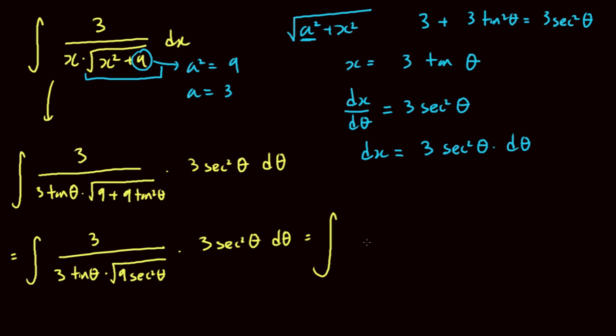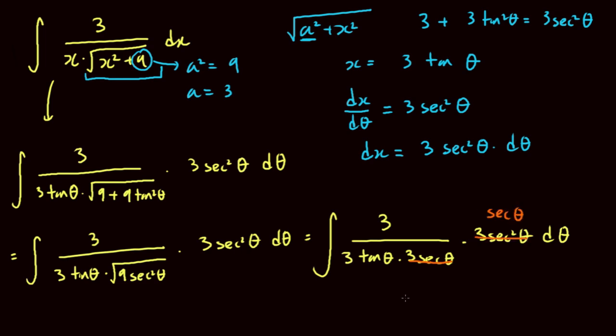And as you further solve it, you get 3 over 3 tan theta times 3 sec theta, times 3 sec squared theta d theta. Because you square root, you obviously get the square, right? So here you can notice, if you were to take it out, you'll just end up having sec theta.